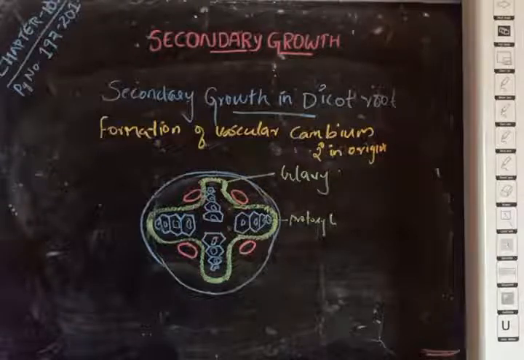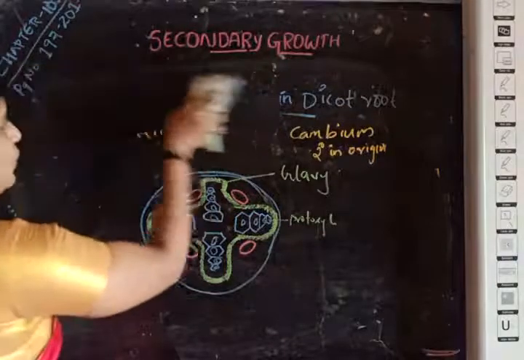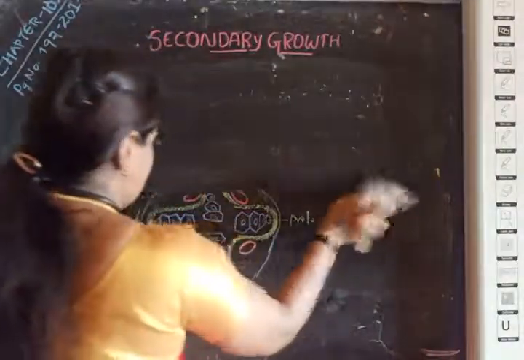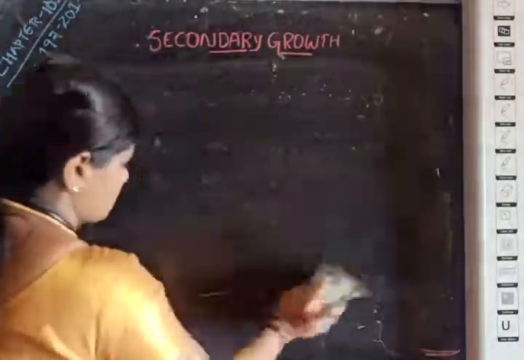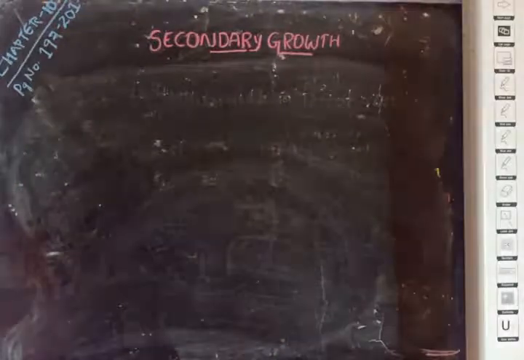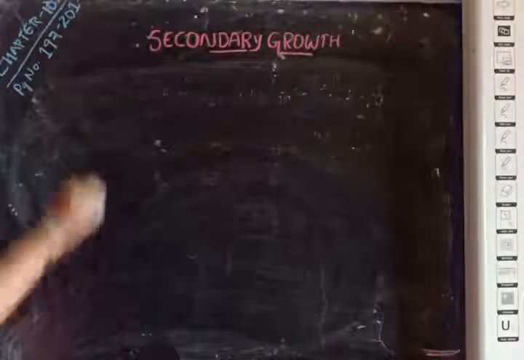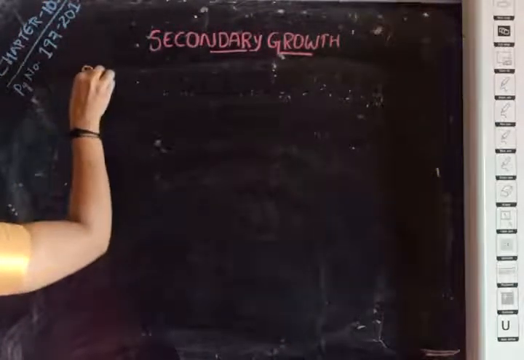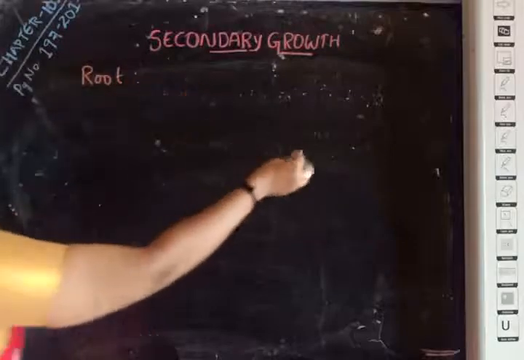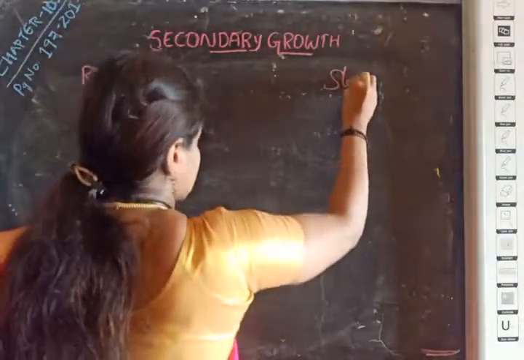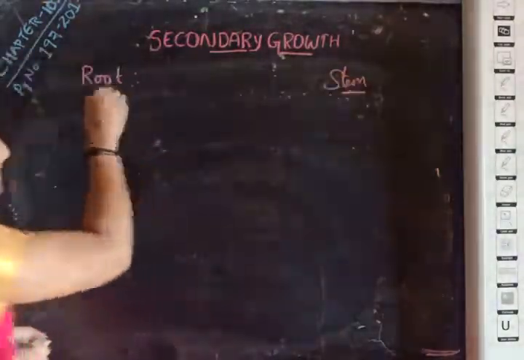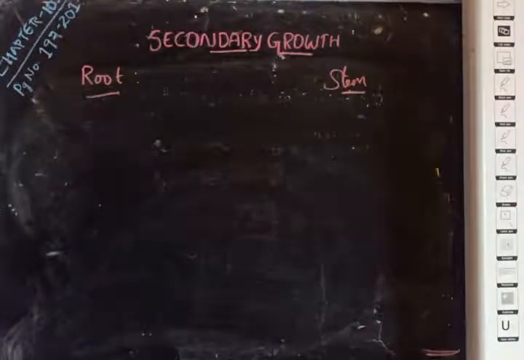Now, we can differentiate between the secondary growth in dicot root versus the secondary growth in dicot stem, which will help you to study using comparison. Secondary growth in dicot root versus secondary growth in dicot stem.